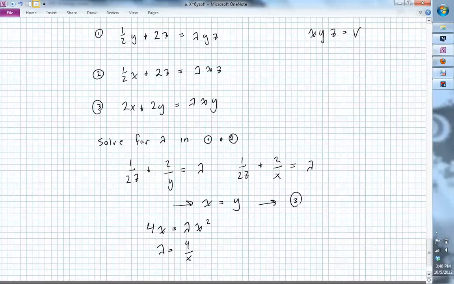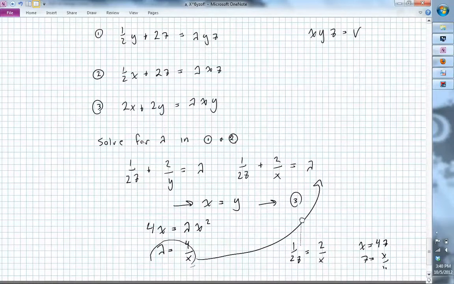Just take this and put it here. So if I take that, put it there, then what I get is 1 over 2z is equal to, what, 2 over x? Or, oh good lord, x equals 4z, or z equals x over 4.